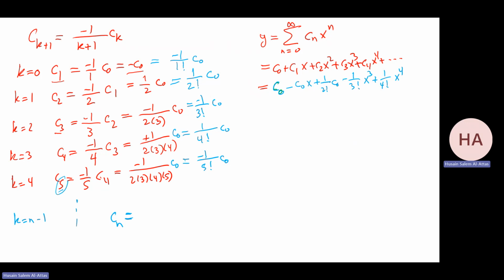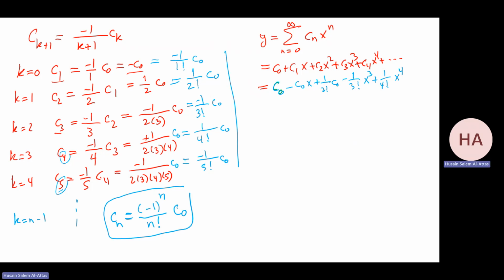With the odd ones, I'm getting minus. With the even ones, I'm getting plus. So I can write minus 1 to the power n, just the sign, and this is n factorial, times C0. So this works out with all of these ones.